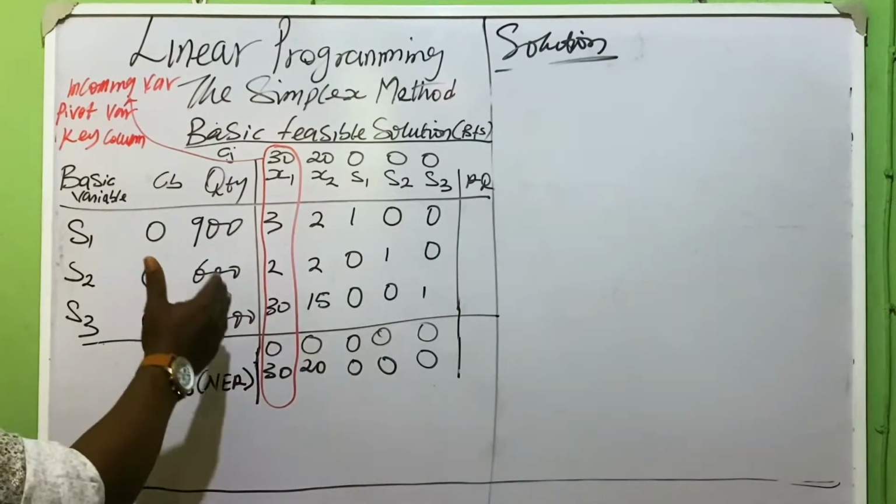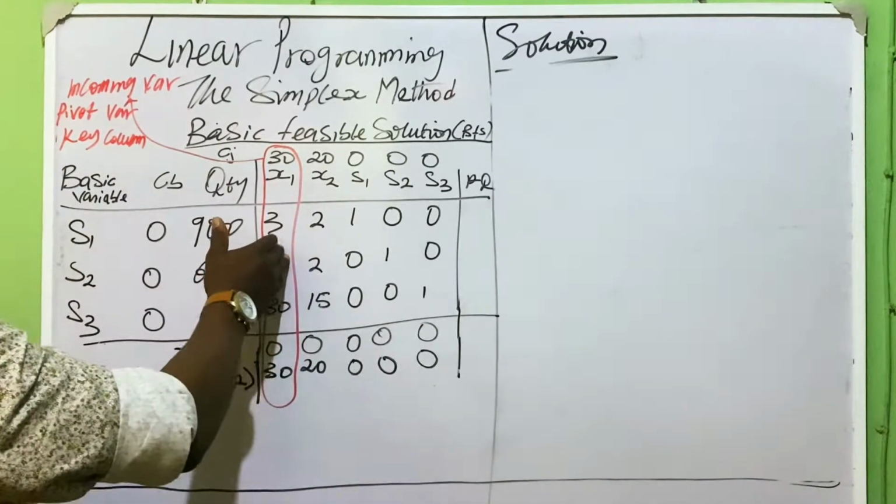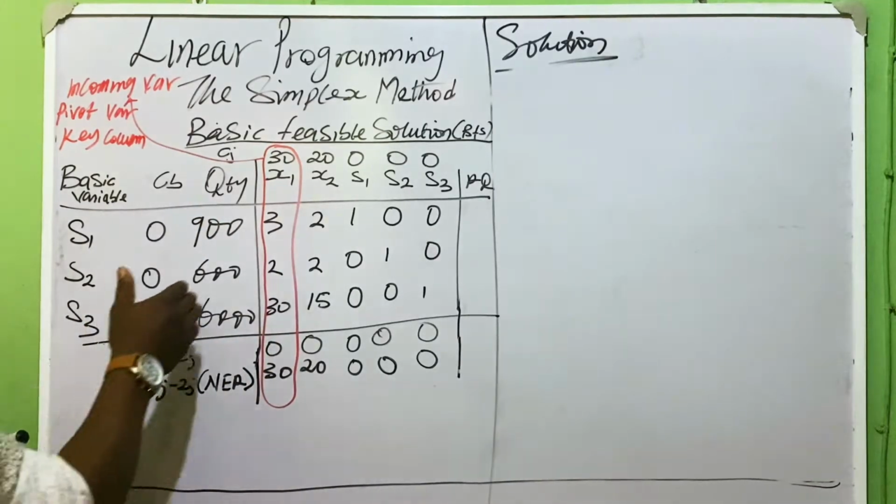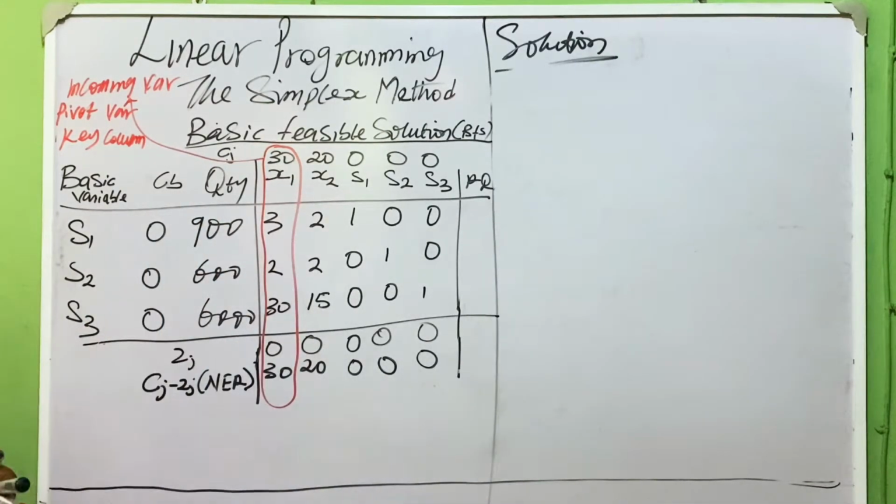Having determined the variable that will come in, we'll now use this variable to determine the one that will go out of the basis. It's a very simple computation.